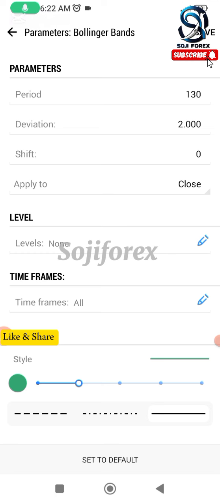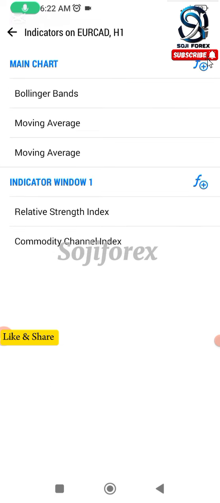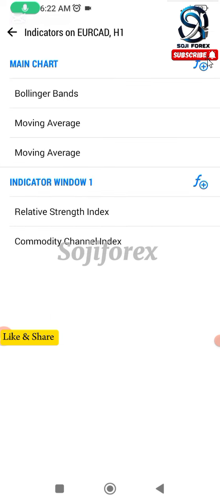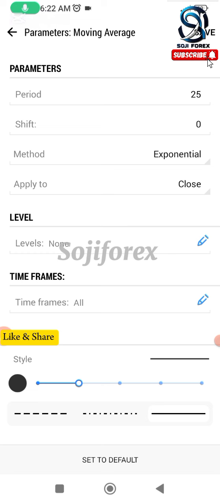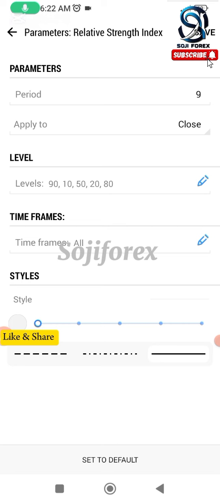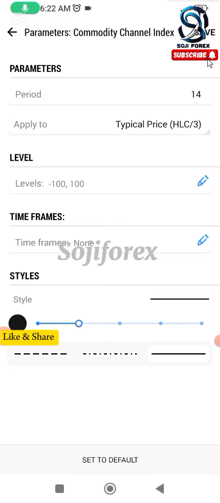You apply it to close, and you also have a moving average. You can take a screenshot of any of these and do the setting on your phone. The second moving average is period 25. The method is exponential. Then we have our relative strength index and our commodity channel index.